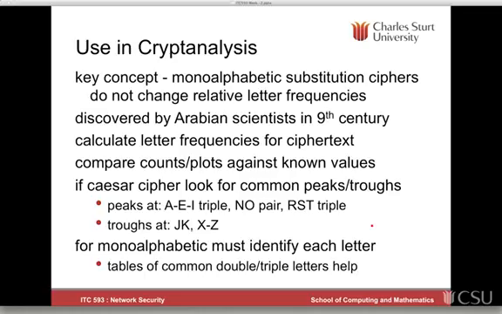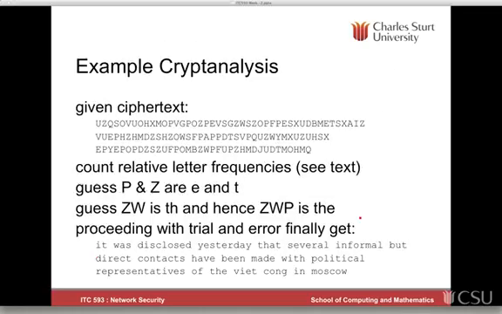If English, look for peaks at A, E, I triple, NO pair, RST triple, and troughs at J, K, etc. Peaks and troughs. You can see an example of cryptanalysis. This illustrates the process with an example from your textbook in section 2.2. You can go and have a look at section 2.2.